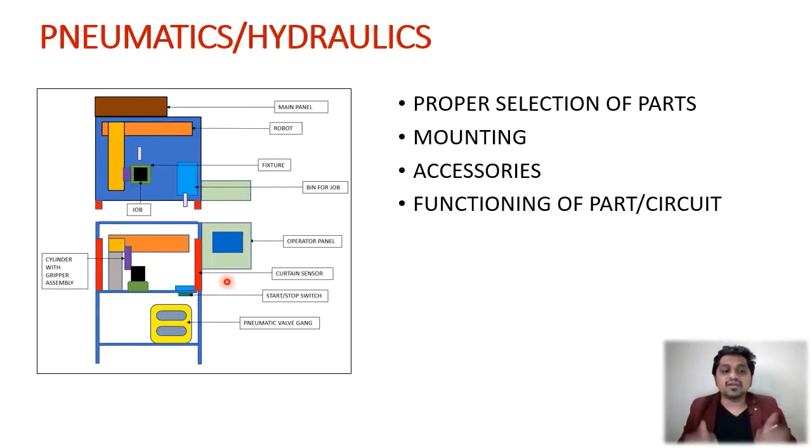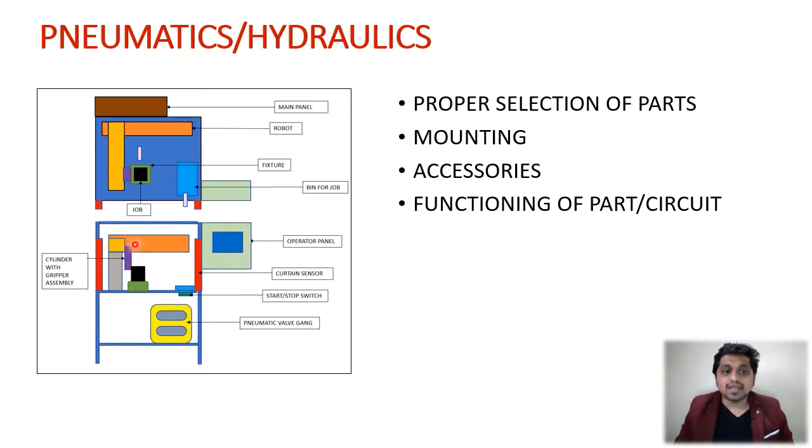Then the mounting of all the bought out parts, because some of the parts can have different kinds of mounting. So whenever you purchase some part, you should look at the manual of that part so that you can get more idea about its mounting. Then comes the accessories. Let's say we are buying a pneumatic cylinder.